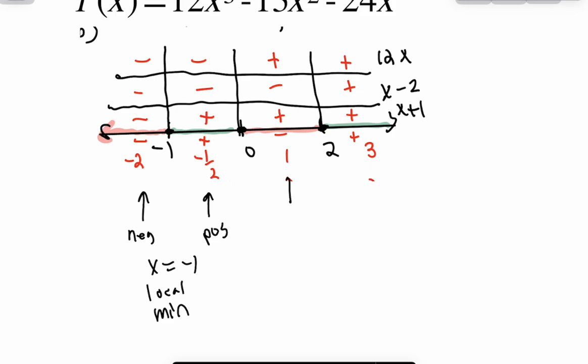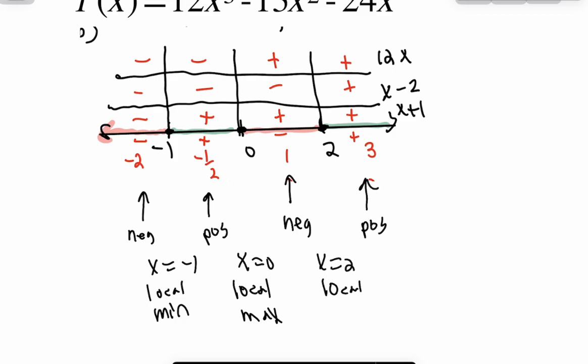If it goes from positive to negative at x equals 0, it has to be a local max, because it's increasing then decreasing again. If it goes from negative to positive, we also found another local minimum. And that is what allowed me to draw a rough sketch of what the graph was doing.